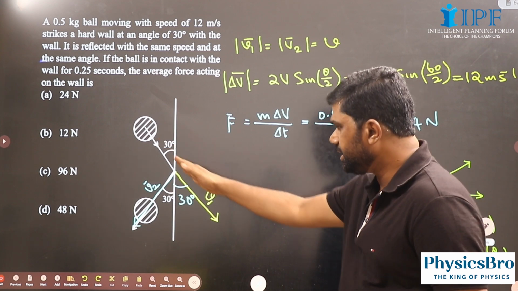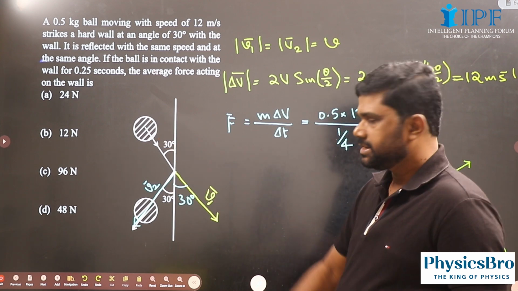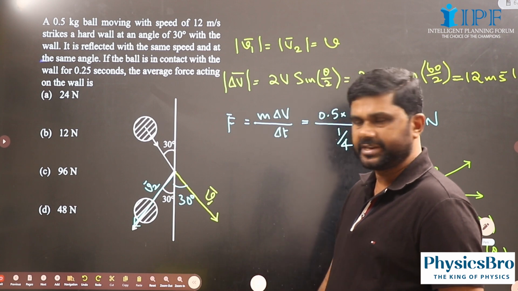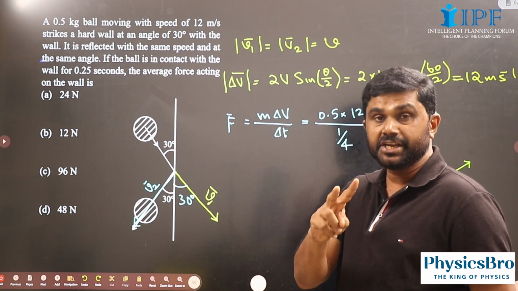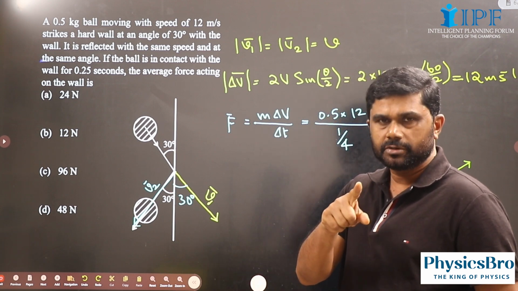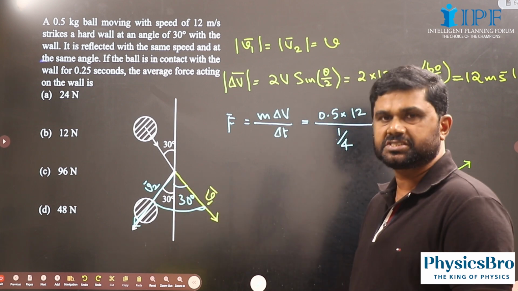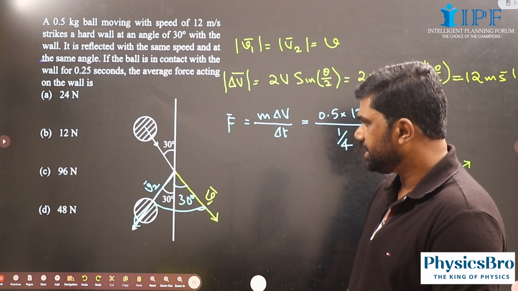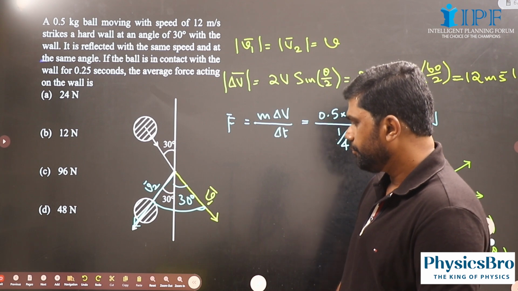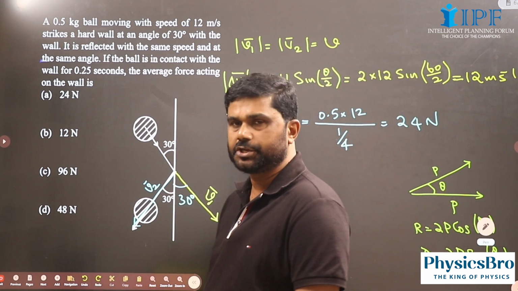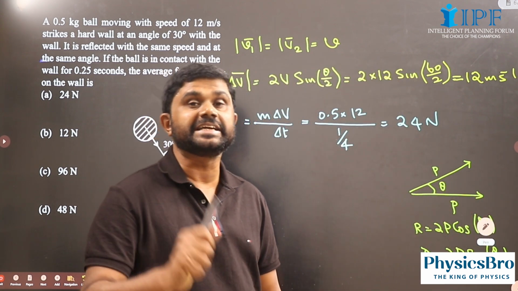So this is the initial linear momentum, and this is the final linear momentum. So we have got linear momentum of equal magnitude, inclined at an angle, see this much is the angle and it is 60 degree. Okay, so we have two vectors of equal magnitude inclined at an angle 60 degree.